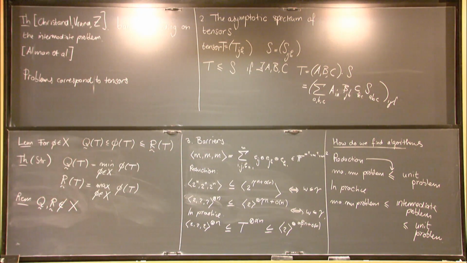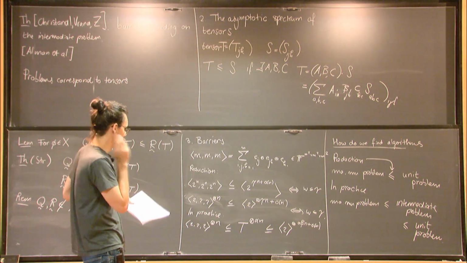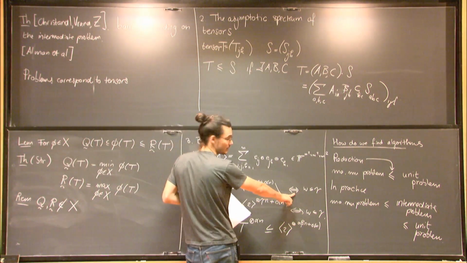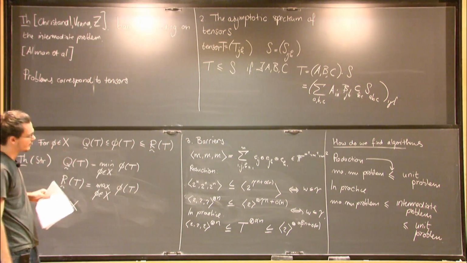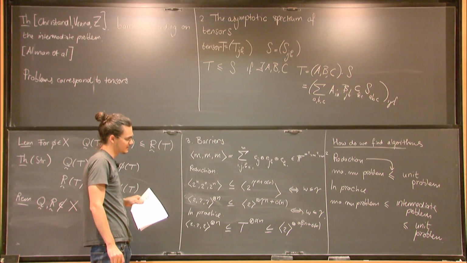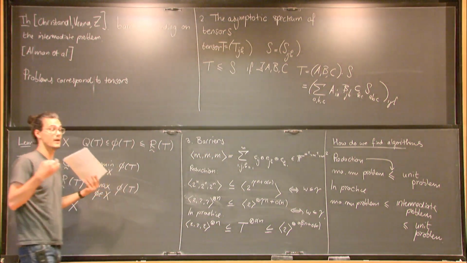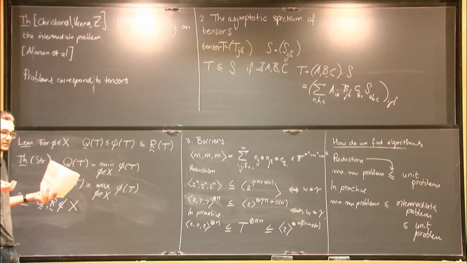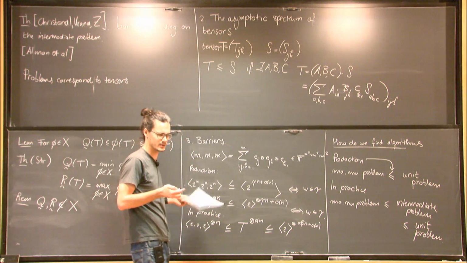Can you remind us how these two are equivalent, the omega and the polytope? I'm not sure I ever really explained it, but rank upper bounds for matrix multiplication correspond to algorithms. That's the idea.